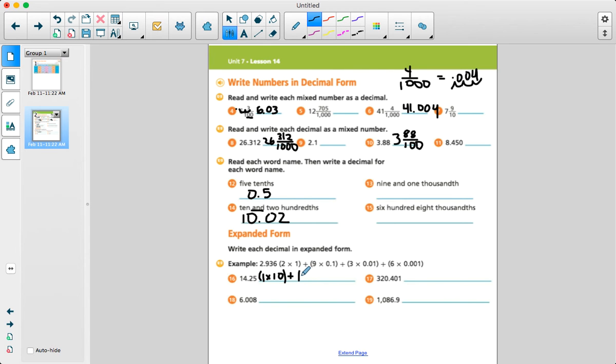So I'm going to say 4 times, and if you said 1, you're in the right spot, plus 2. Now I'm on the other side of the decimal, so I'm in the tenths spot.